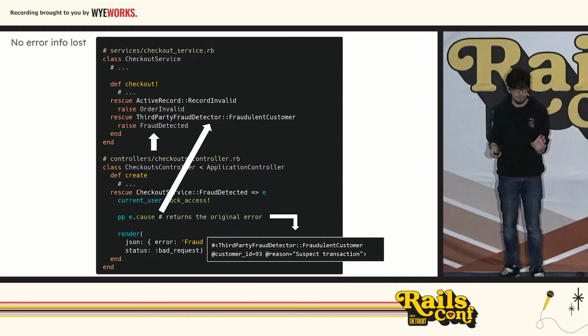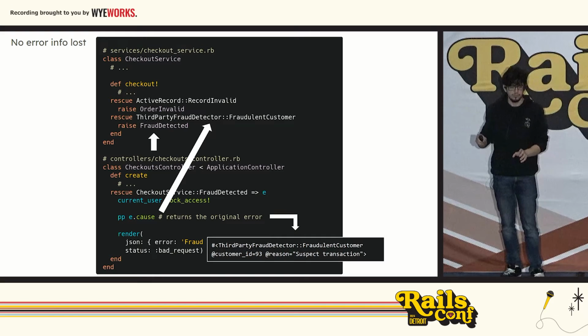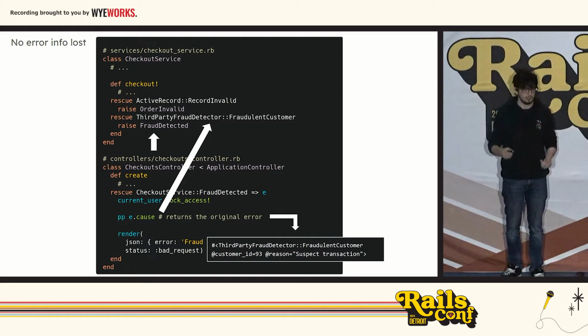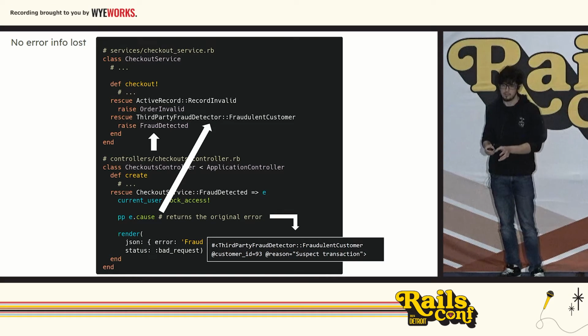So if you have that fraud detected error in your hands that was raised inside a rescue block, and you need to access that original fraudulent customer error to know what was the ID of the customer, or maybe what was the reason for that fraud to be detected, you can just use the error cause method and everything's going to be there for you.